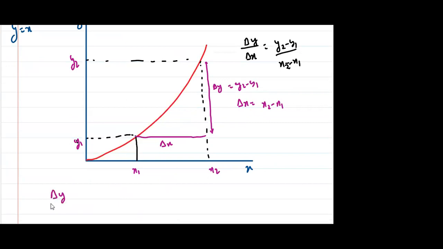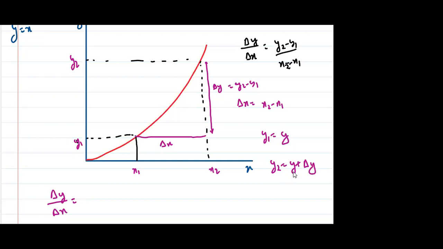So delta y by delta x is equal to, now suppose y1 is equal to y, any random variable. Can I say y2 is equal to y plus delta y? Y2 minus y1 is delta y. If I'm saying y1 as y, can I say y2 as y plus delta y?